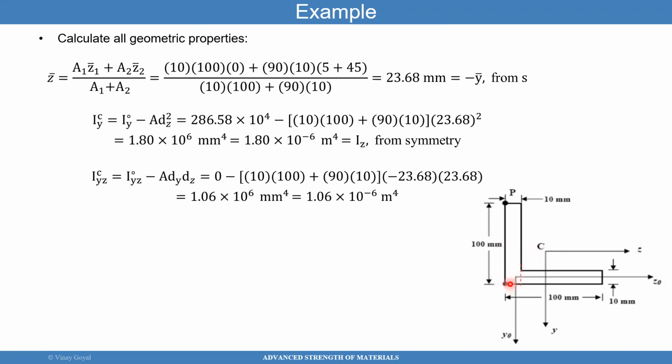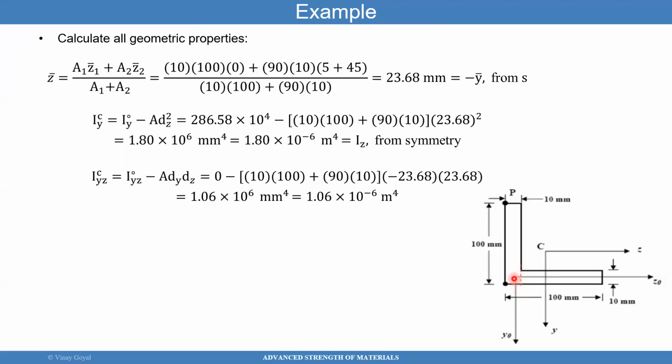So when I look at this particular piece, we can see here that the area of this piece is 10 times 100. As you can see, the red dash is put here, so that's the part I'm looking at. That's part one. And you can see here that the origin is going right through the centroid. So the height z is 0 for that part.